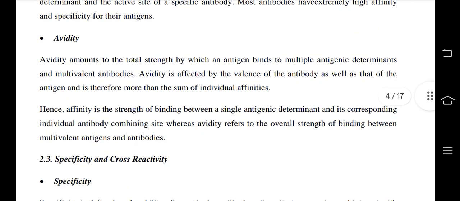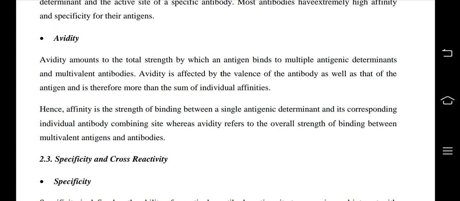Avidity. Avidity amounts to the total strength by which an antigen binds to multiple antigenic determinants and multivalent antibodies. Avidity is affected by the valence of the antibody as well as of the antigen and is therefore more than the sum of individual affinities.